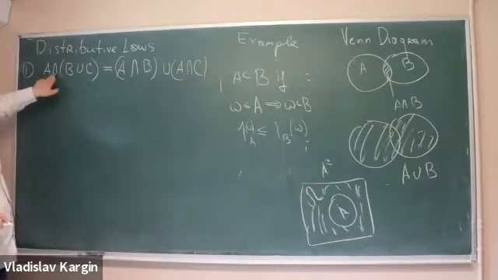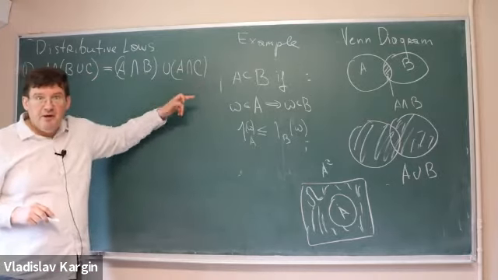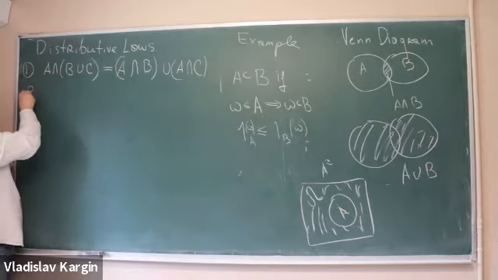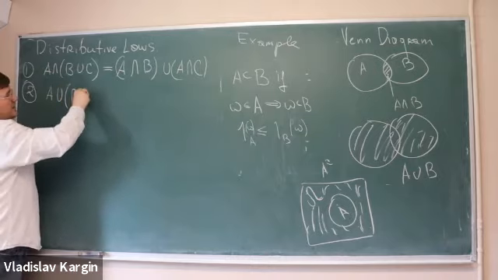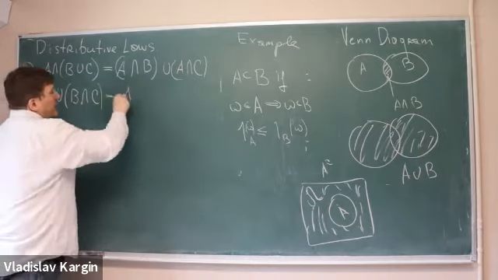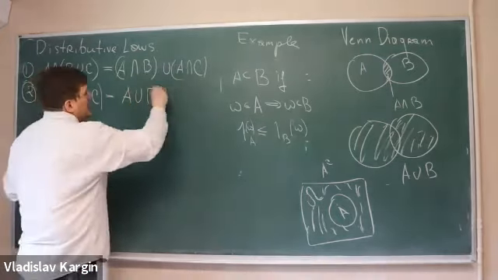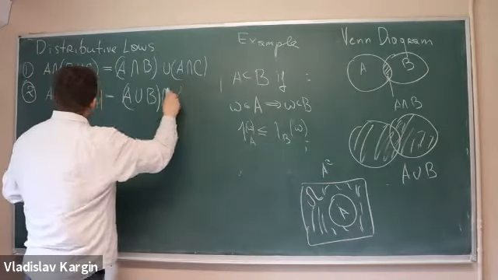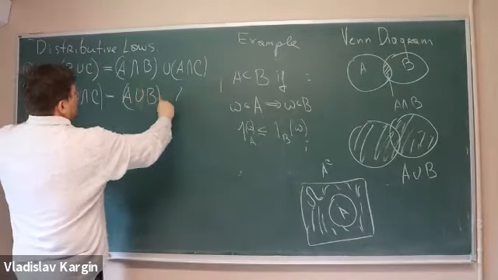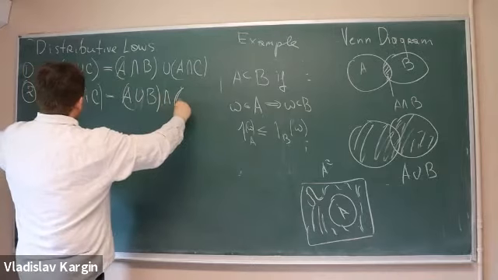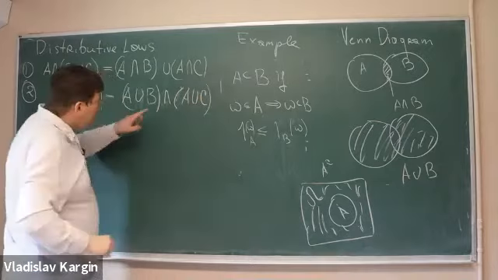So A multiplied by B plus C would be equal to A multiplied by B plus A multiplied by C. And the second law is A union B intersect C is equal to A union B, intersect A union C. This is more difficult to write down.